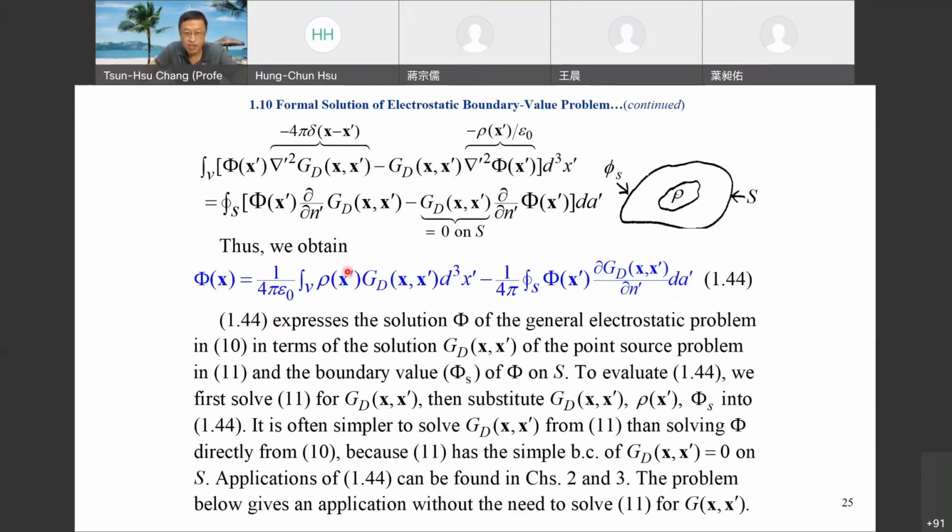Okay. We saw similar equation before. But we still have one term left. That is this one. This one is 0. So we still have one term left. One term only.